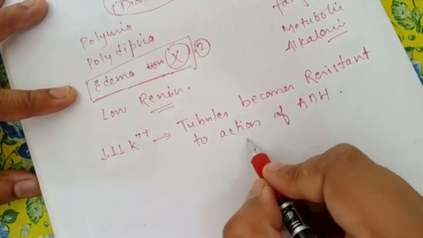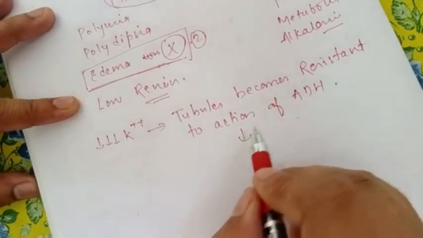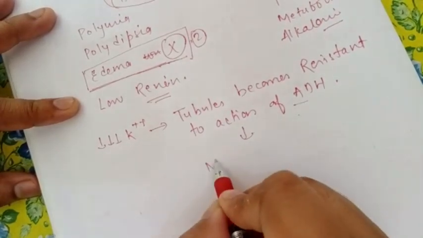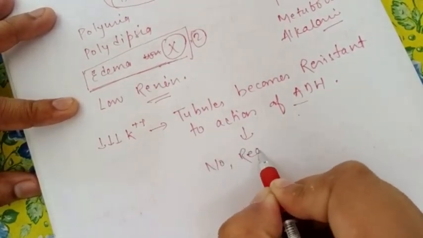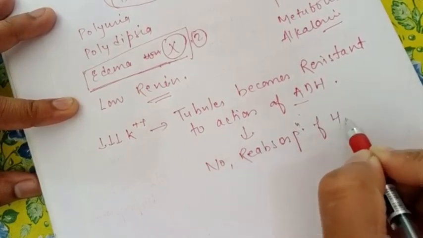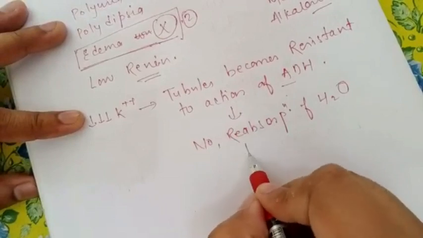And what does ADH do? It causes reabsorption of water. So when there is resistance to the action of ADH, there will be no reabsorption of water.